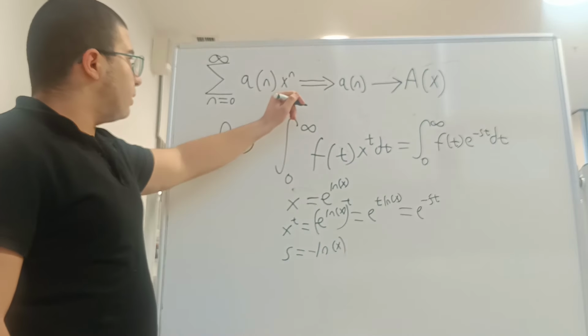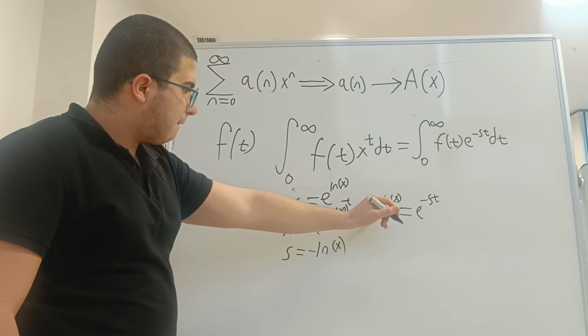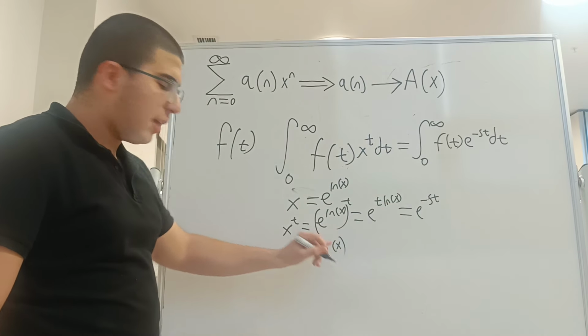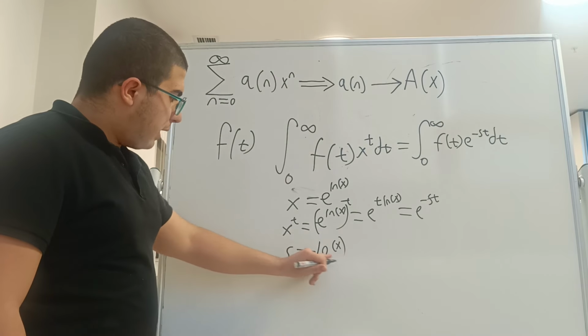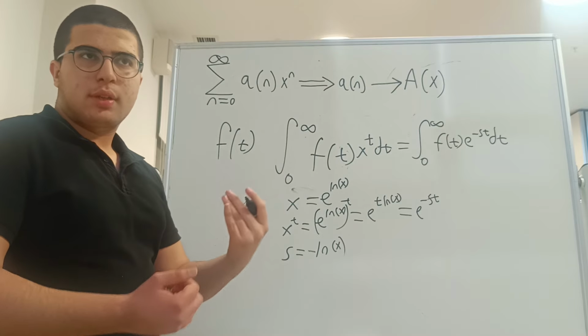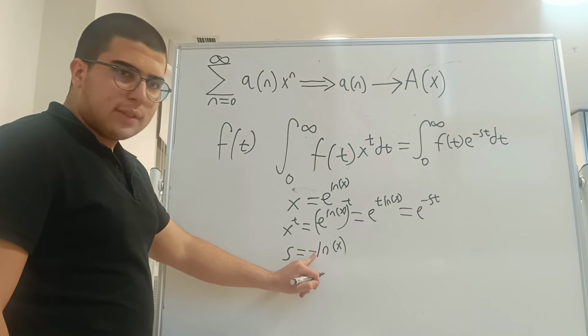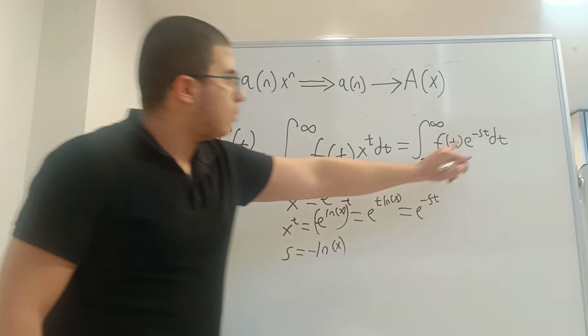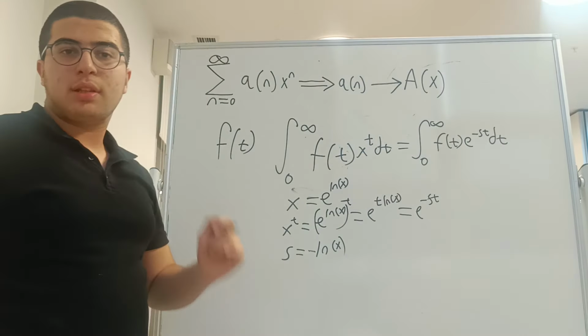We saw why in the power series. If x is a fraction smaller than 1, then ln x is a negative number, because the natural log of fractions is negative. So we negate that again to get a positive s, and we put the minus sign here for this integral to converge. And this is Laplace transform.